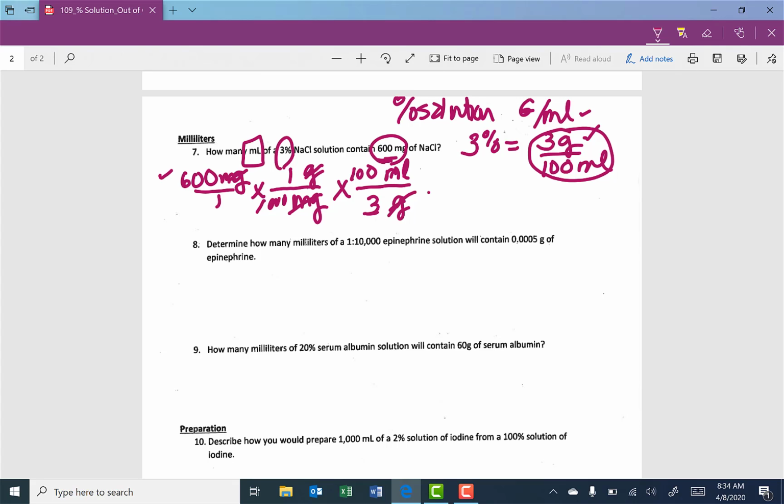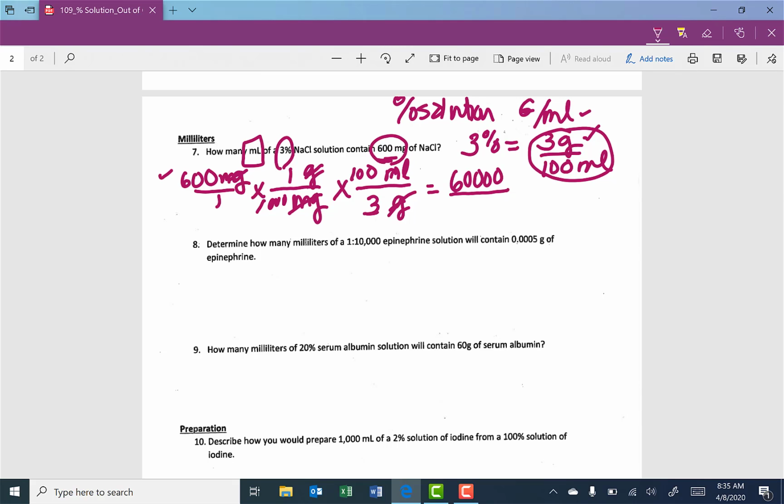How many milliliters? Multiply straight across, and you're going to get 600 times 100 gives you 60,000. Because there are 1, 2, 3, 4, 5 zeros. Or sorry, there's 4 zeros, my mistake.